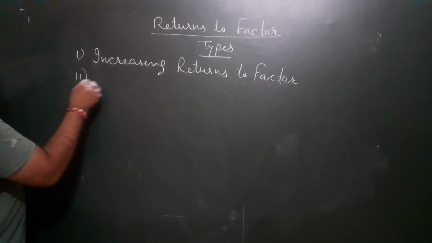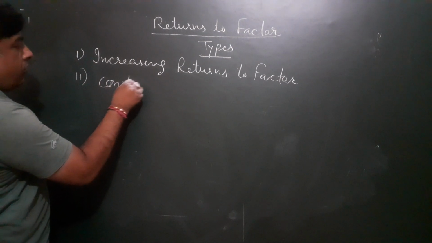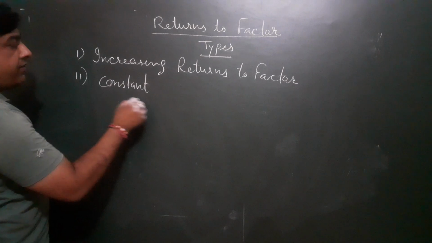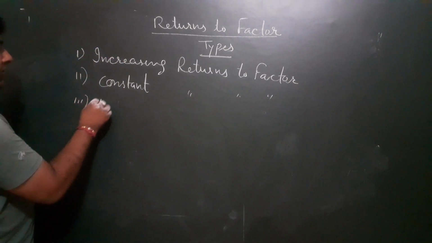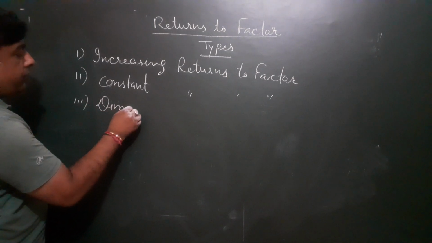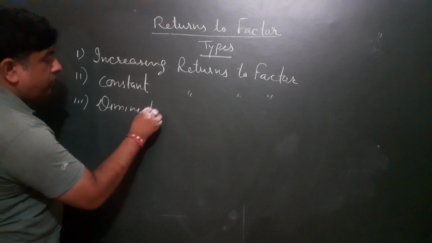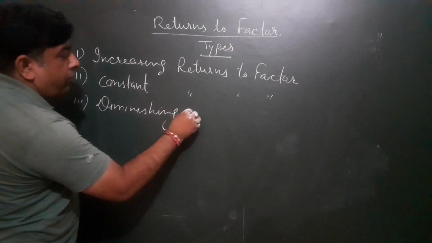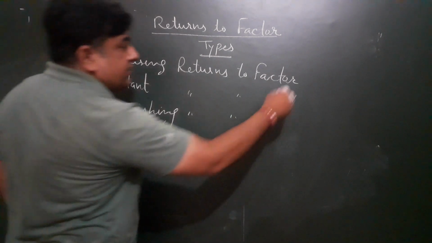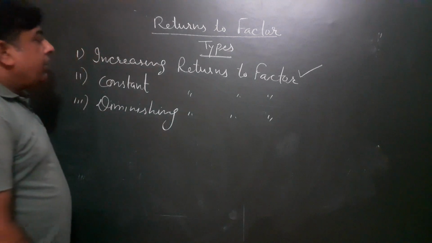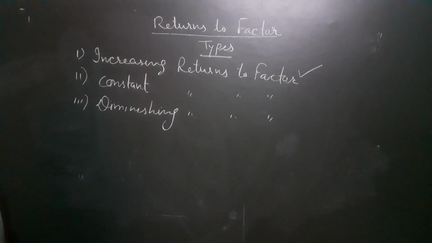The second is constant returns to factor, and the third is diminishing returns to factor. And in this video we will discuss the first one, increasing returns to factor.